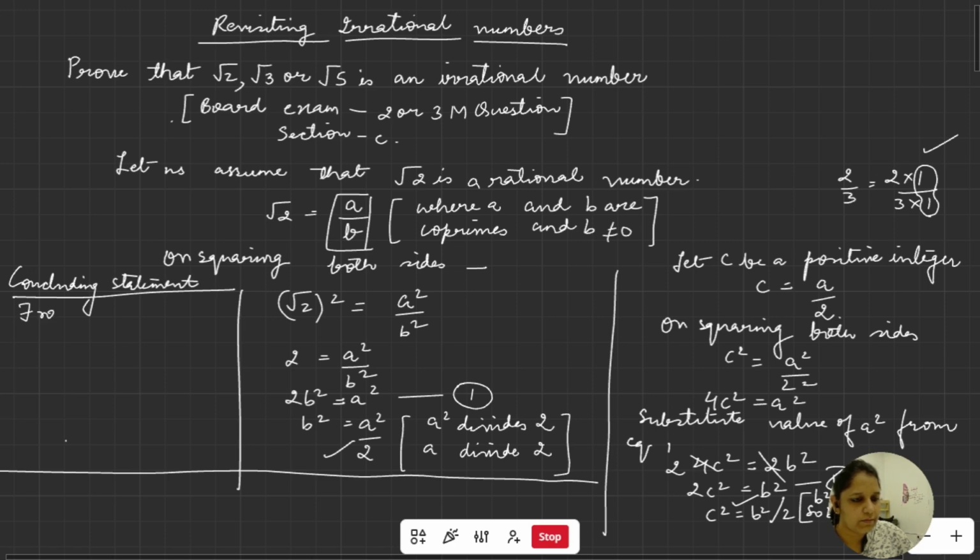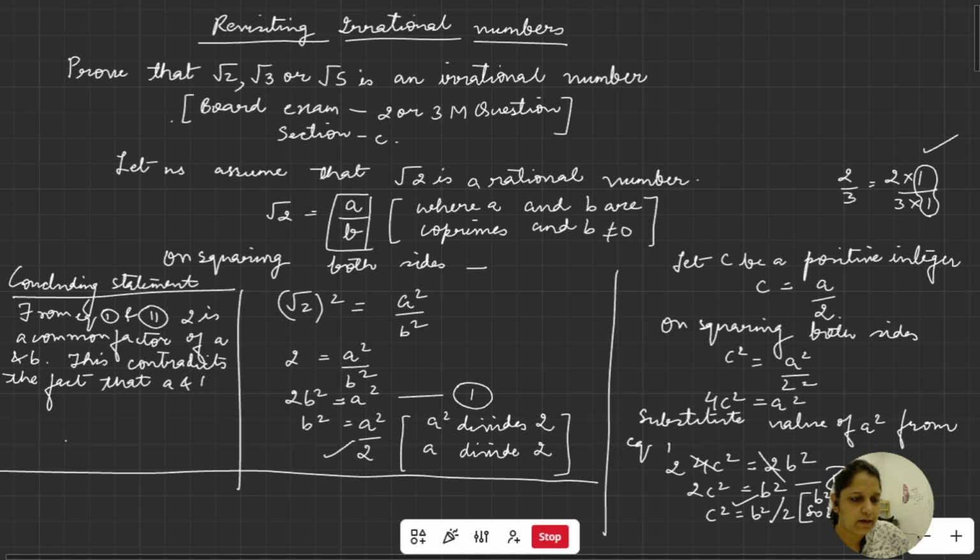that from equation 1 and equation 2, 2 is a common factor of a and b, and this contradicts the fact that a and b are co-primes.